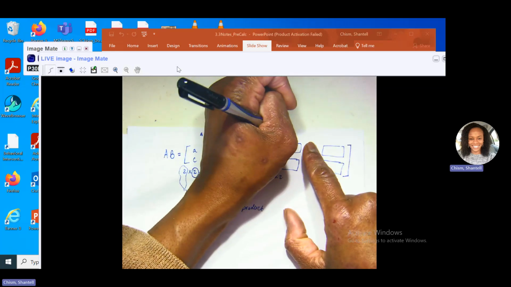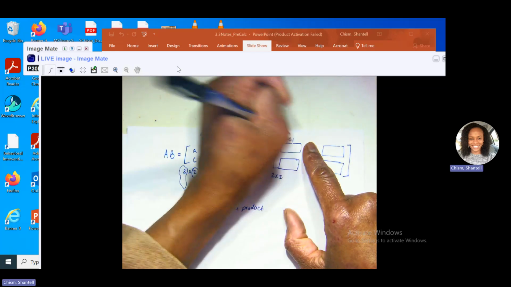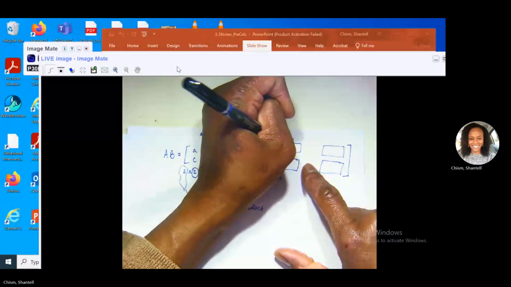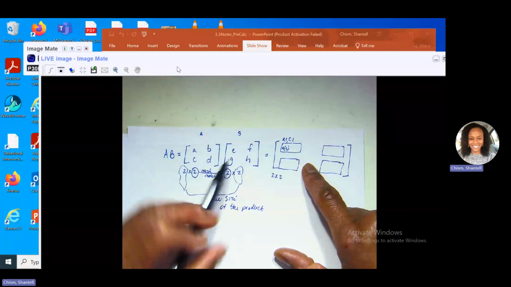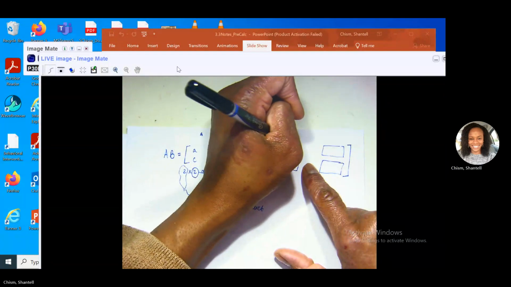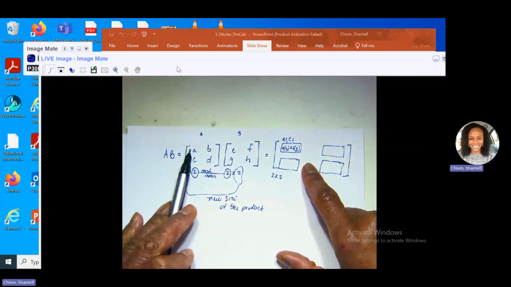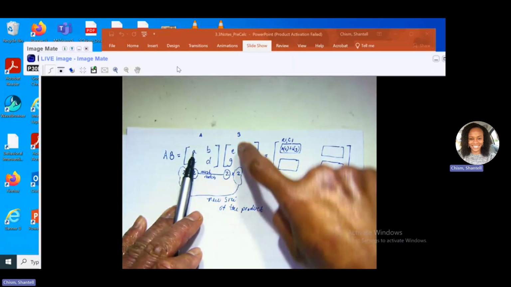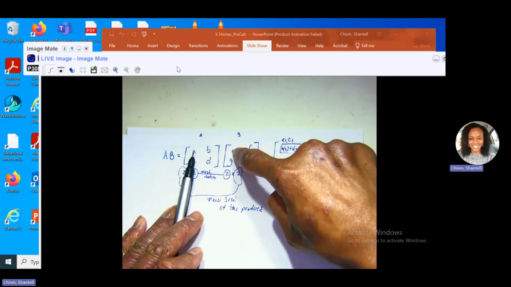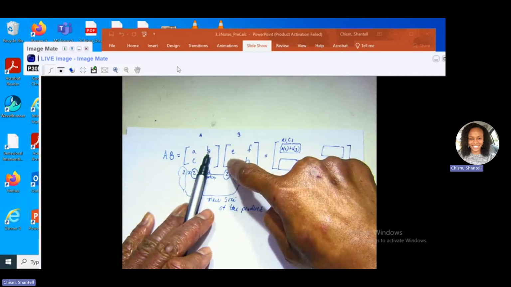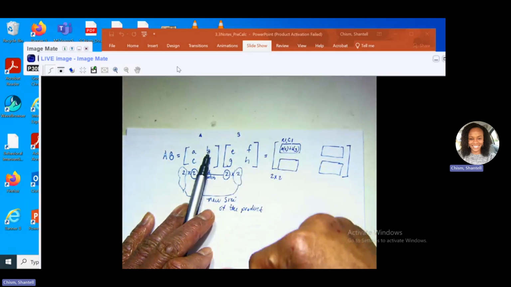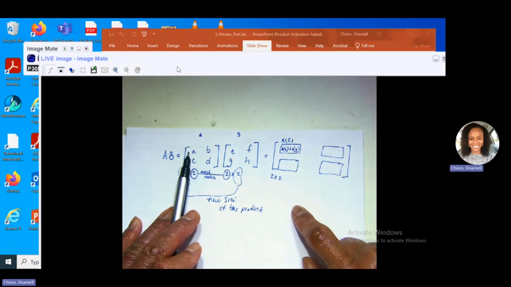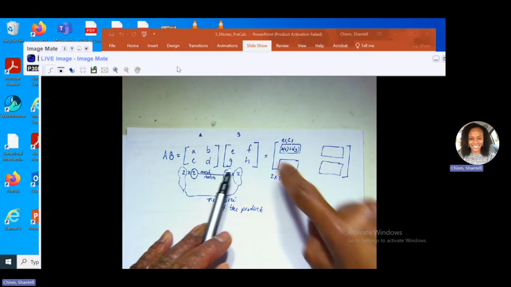So it will be A times E plus B times G. The row times the column to get that first position. First element times first element plus second element times second element. Or if you have more, third element times third element. But it's the row times the column.